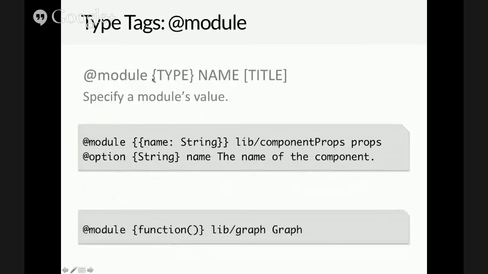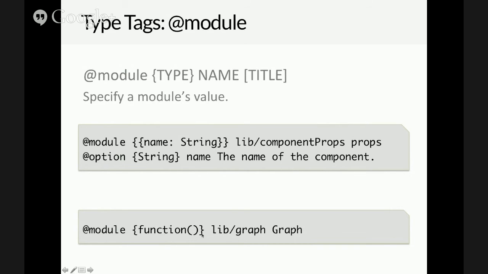So let's see how these work. They look like a module. You're going to give it a type definition, followed by a name, followed by an optional title. Here's an example of a module that was exporting an object with a name property that was a string. I could define a module like that, and I could give information about that module.